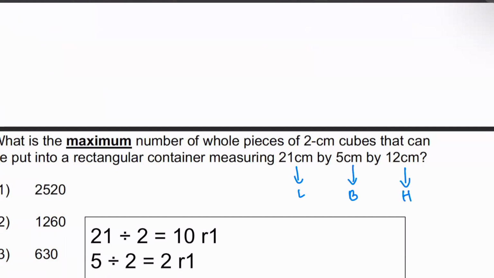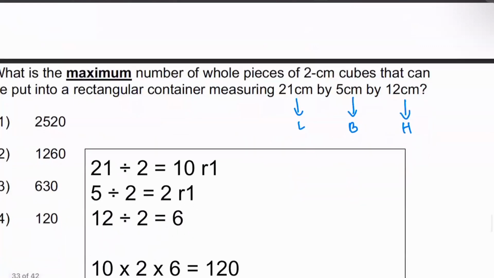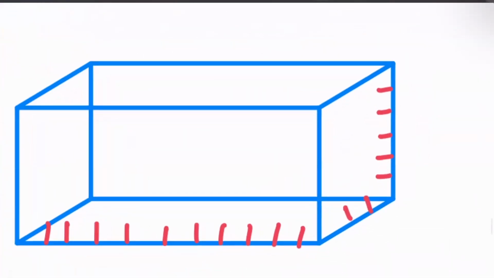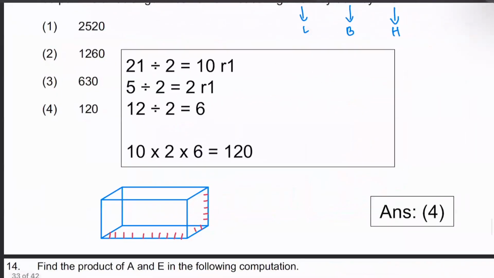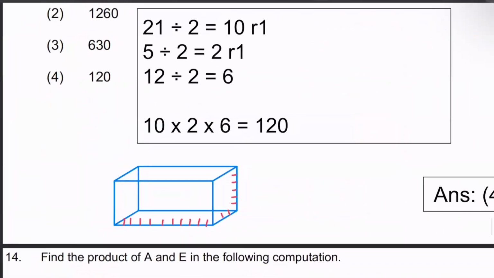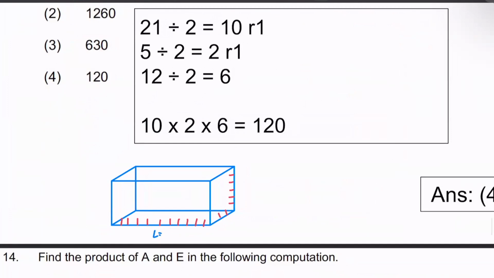Okay, so if you are someone who cannot visualize, you can try to draw it out. For example, here is a rectangular container. The length is 21 cm.